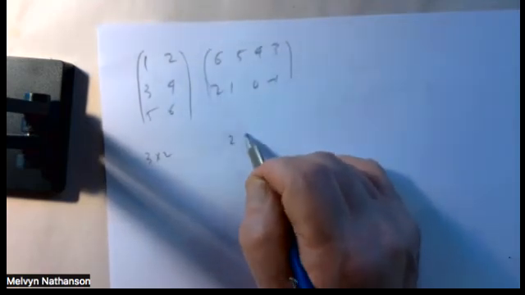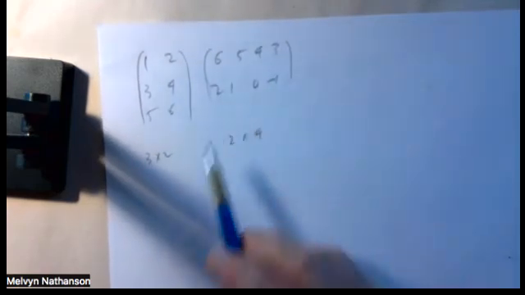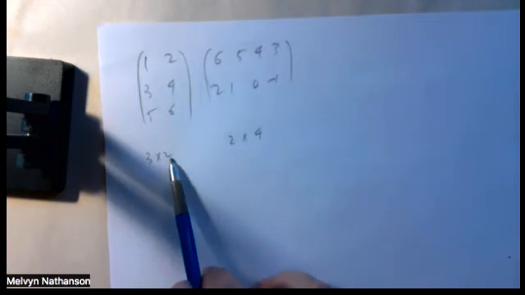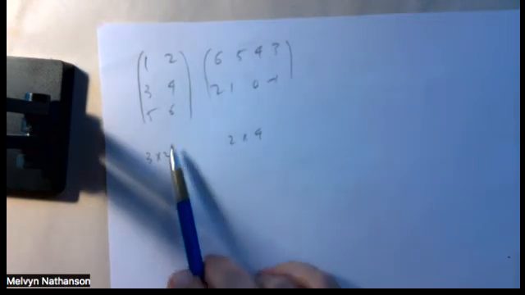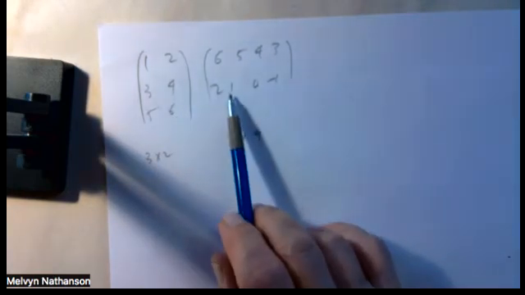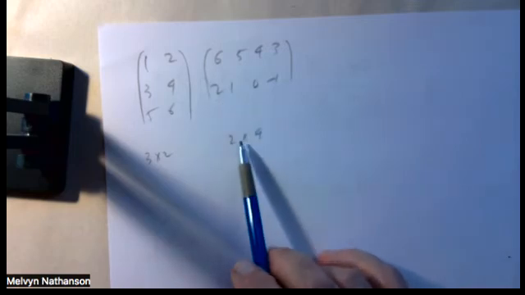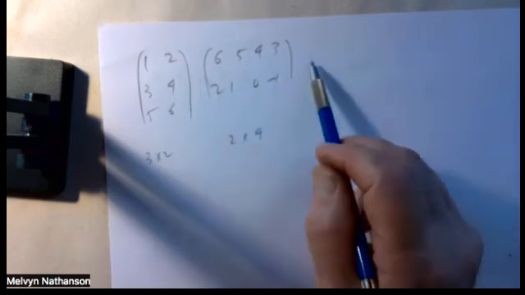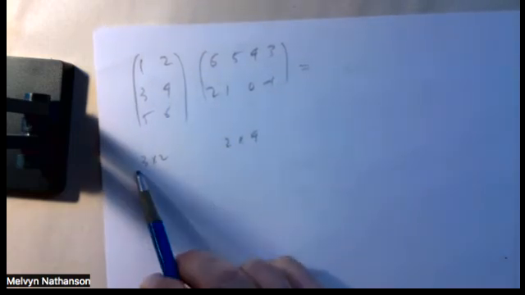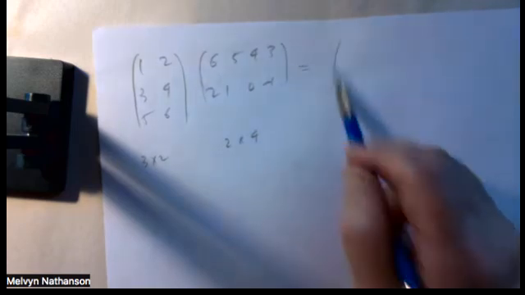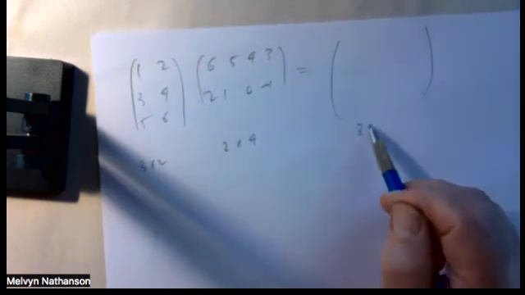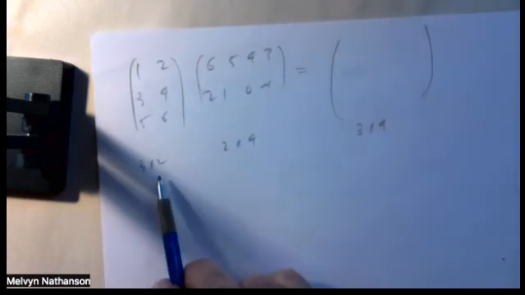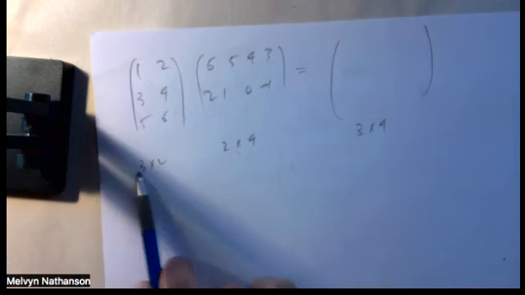This has 2 rows and 4 columns. So the number of columns in the matrix on the left equals the number of rows in the matrix on the right. So you can multiply them. And the result will be a 3 by 4 matrix. It's like these 2's cancel, you have a 3 by 4.